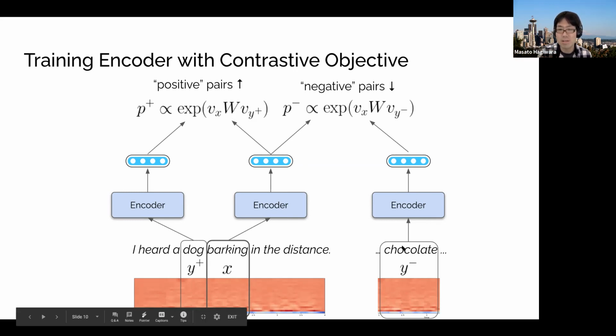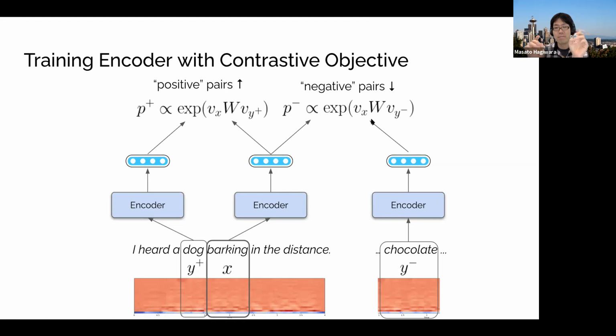So you compute the probability between barking and chocolate. This is P minus, and this is P plus. And what you want is for the first probability to go up and the second one to go down.